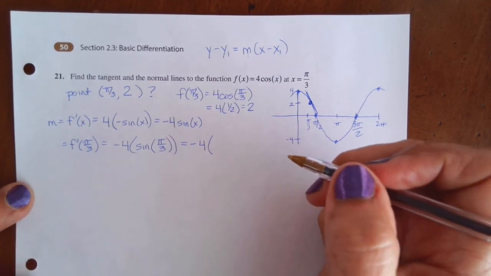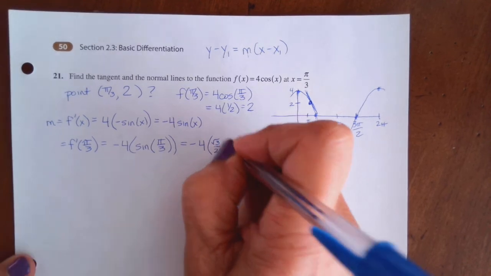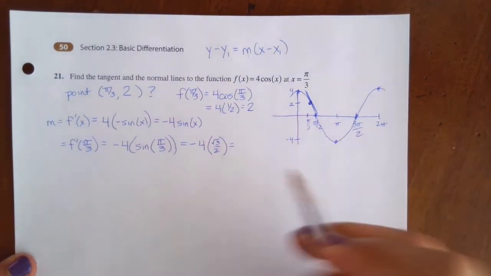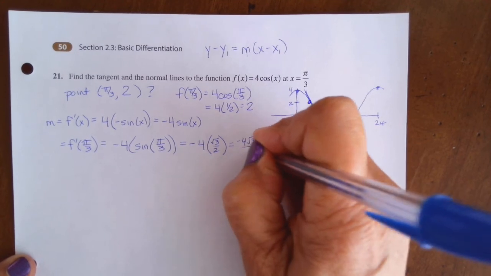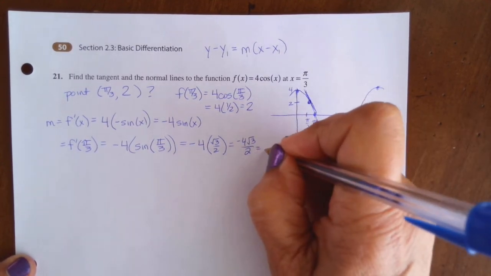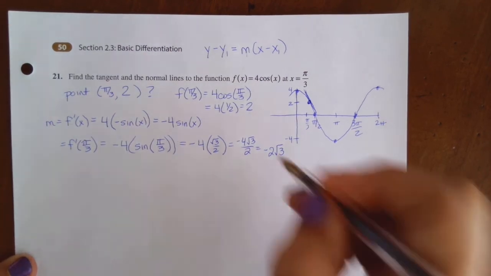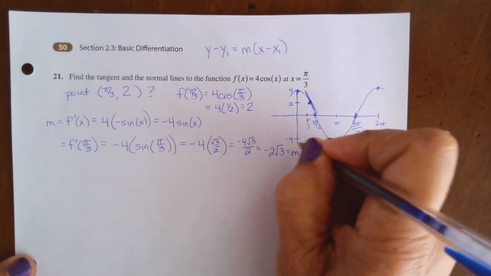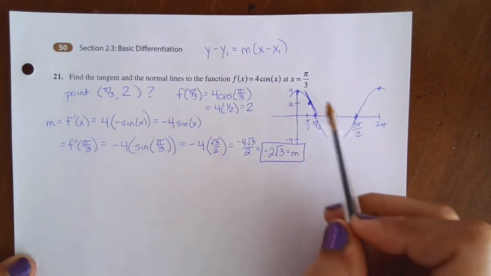That is the square root of 3 over 2. We're going to multiply that. So that gives us negative 4 square root of 3 over 2. And then that can be reduced to negative 2 square root of 3. Okay. So I'm going to put m over here. So there's our slope. Look, it was negative. That's what I said it had to be.